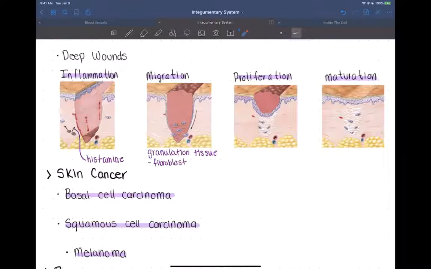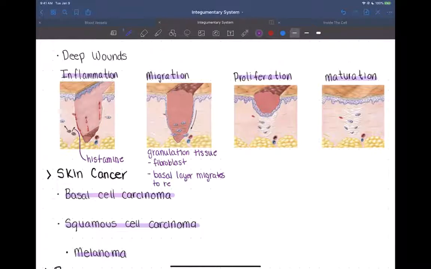Migration also refers to, you can see here, right, this stratum basale, this basal layer of the epidermis is migrating down to kind of reform around that area. All right. So the basal layer of the epidermis migrates to reform, right?